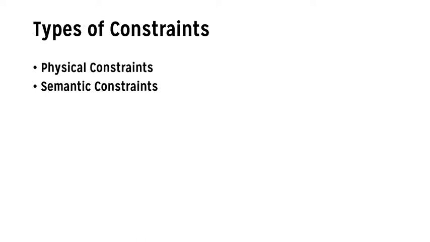For it to have any kind of meaning. And that's what semantic constraints are. These are things that you have to do because they're necessary for the situation. And we'll give another example about that in just a moment.